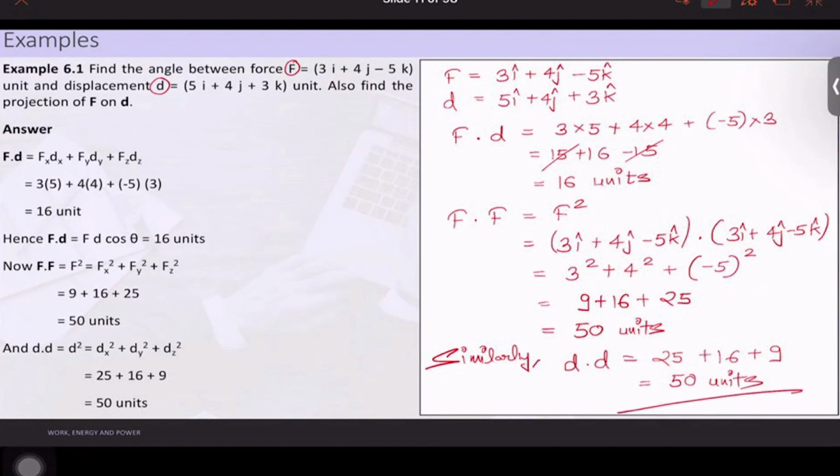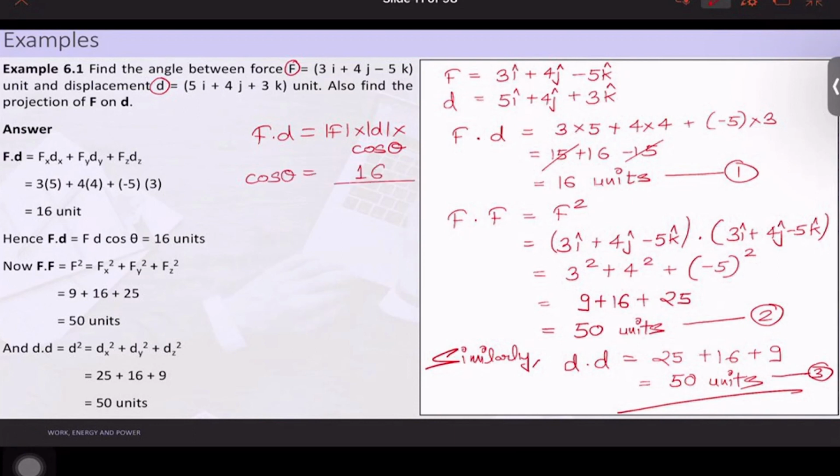Now we basically know what is F dot D. F dot D is nothing but magnitude of F into magnitude of D into cos theta. Correct? We have calculated the value of F dot D here. We know the square of the magnitude of F. We know the square of the magnitude of D. So how can we calculate cos theta? Cos theta can be directly calculated as 16 upon under root of 50 into under root of 50.